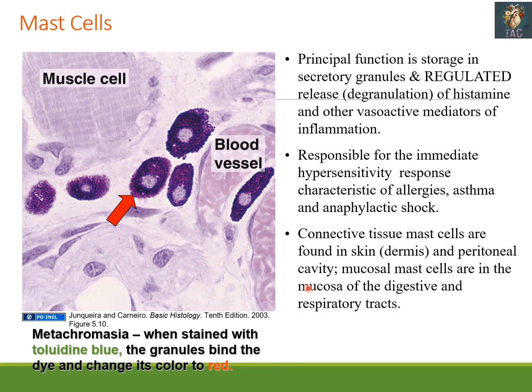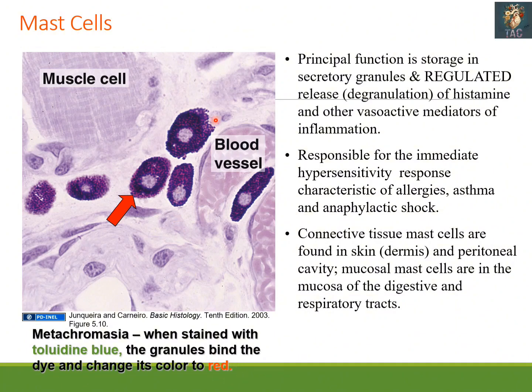Then is the mast cell. The principal function is the storage in secretory granules and regulated release, or degranulation, of histamine and other vasoactive mediators of inflammation. Because of this large amount of secretory granules, you can see them in light microscopy as well, and these cells show metachromasia, a very important feature, because when stained with toluidine blue, the granules bind the dye and change their color to red.